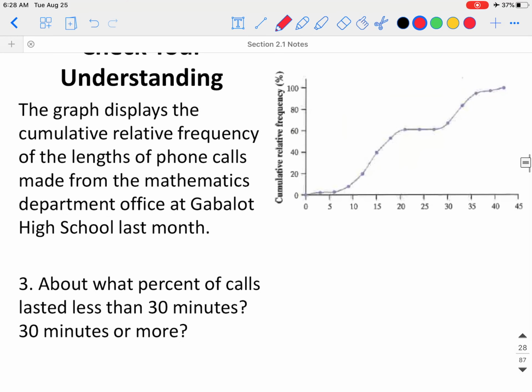The graph displays the cumulative relative frequency of the length of phone calls made for the mathematics department office at the high school last month. About what percent of calls lasted less than 30 minutes and what was more than 30 minutes?